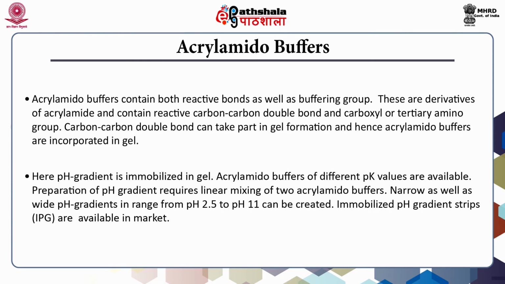Here pH gradient is immobilized in gel. Acrylamido buffers of different pK values are available. Preparation of pH gradient requires linear mixing of two acrylamido buffers. Narrow as well as wide range pH gradients in the range from pH 2.5 to pH 11 can be created.